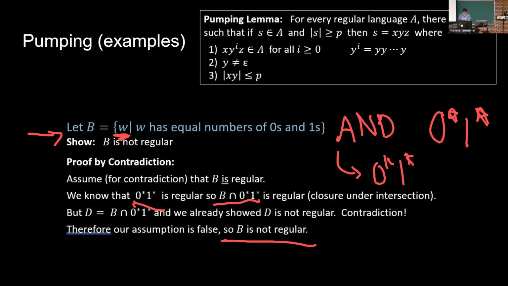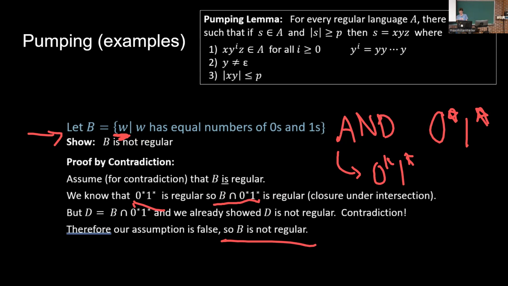Are you saying why is this not regular, or why is this? So if you think about it, B intersection 0 star 1 star is just saying it accepts anything that has equal numbers of zeros and ones and has all the zeros first and then all the ones, right? Does that make sense?